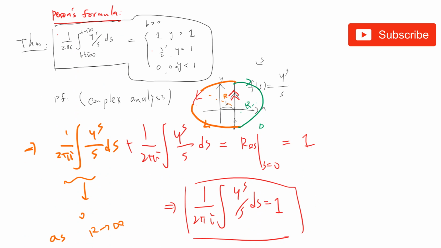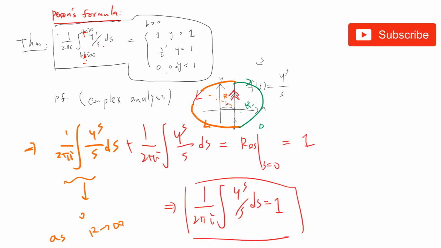What we want to prove is that if you have y^s divided by s, then the integral is 1 over 2 pi i times the integral from b minus i infinity to b plus i infinity of y^s/s ds. Basically your integral goes along the line at b, from b minus infinity to b plus infinity.